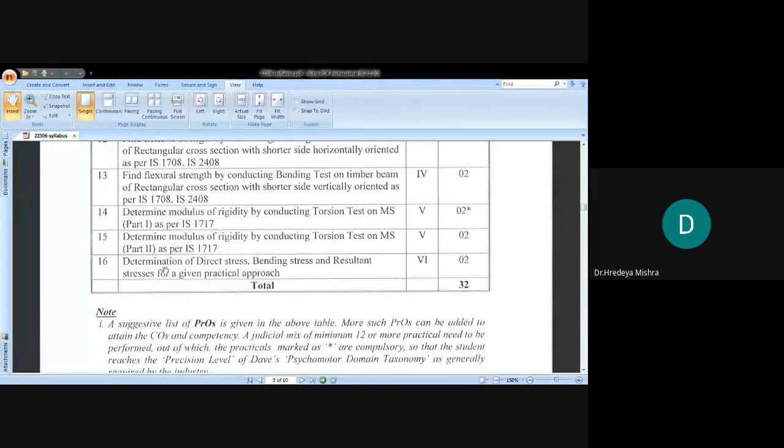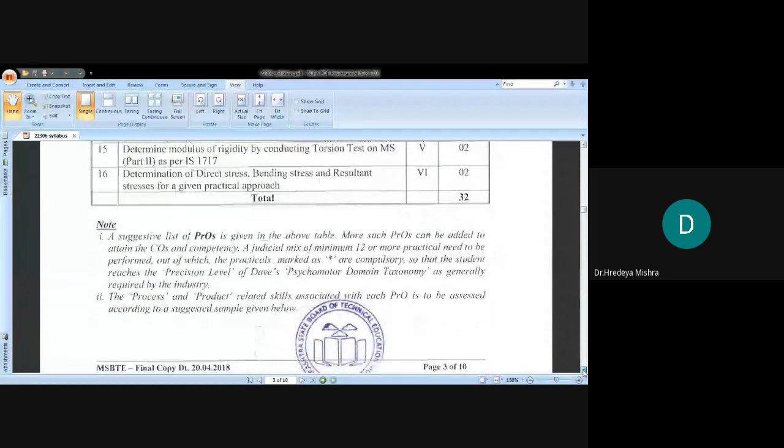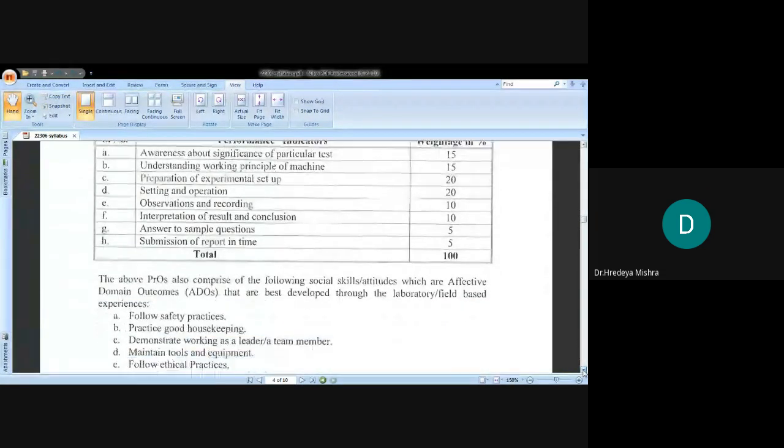Okay, determination of direct stresses, bending stresses and resultant stresses by given practical approach. Means this is our graphical approach, which we can apply and get the direct stress and bending stress.